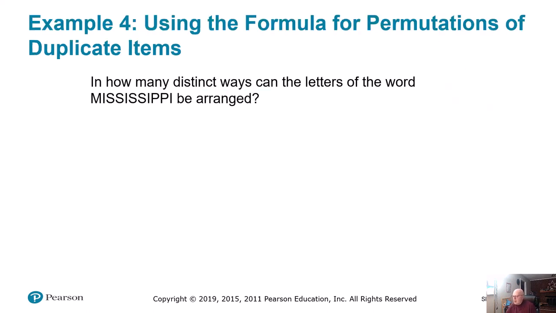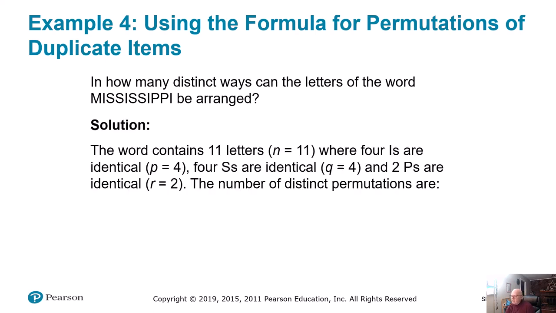So let's look at an old example, but it works the same way. Imagine the M is one kind of a house, I's are another kind of a house, S's are another kind of a house, and so on. How many ways could we arrange those letters? Well, let's see. How many letters do we have? And how many different kinds? We've got 11 letters in Mississippi.